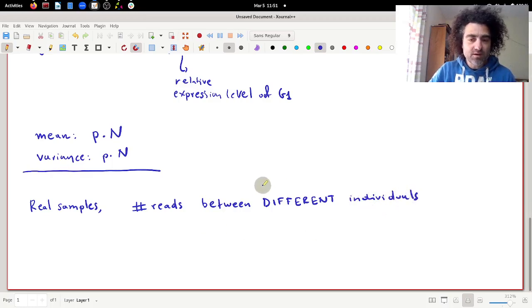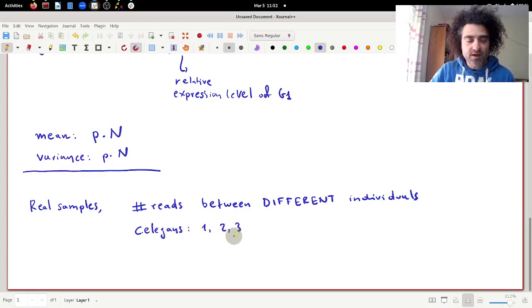So for example, in the experiment that we discussed in the class, that we have infected C. elegans, we have 3 different C. elegans animals: 1, 2, 3.